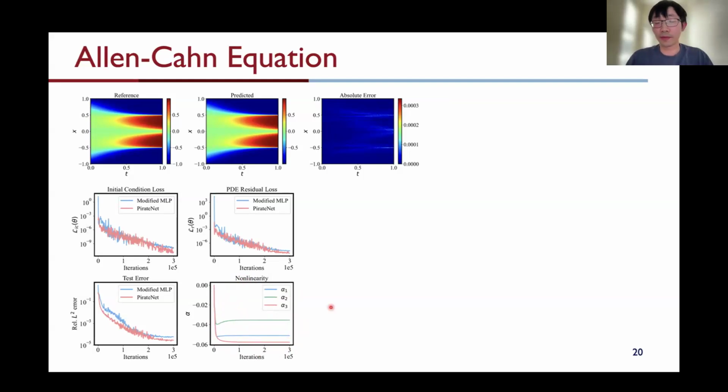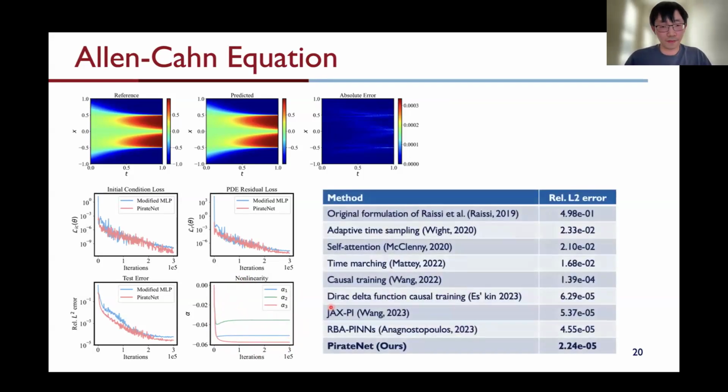In other words, for this benchmark, the model thinks it may not need so much nonlinearity to capture the solution as well as its derivatives. On the right-hand side, I give a table which lists a series of works in the PINN literature on the same benchmark. You can see the original formulation doesn't work, but after a series of works, the error was gradually reduced. But this ParaNet gives us state-of-the-art accuracy.